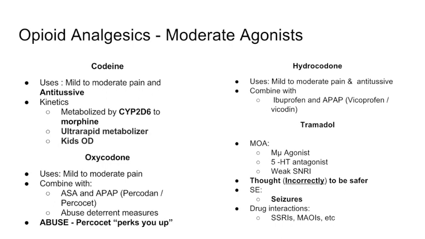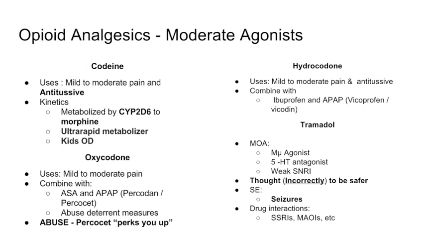It's because codeine, for whatever reason, is really a good cough suppressant. This is an extremely high yield pharmacokinetic concept that you will see. I think I might have already mentioned this in the early kinetics lecture: codeine is metabolized by 2D6 into morphine.